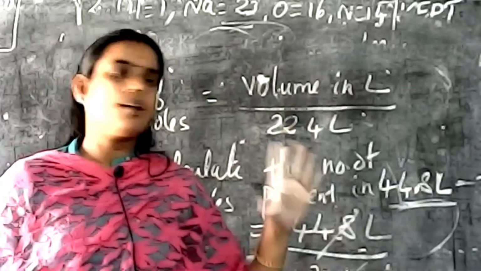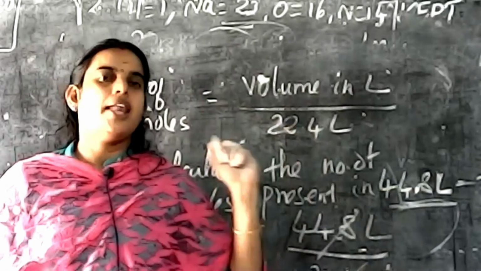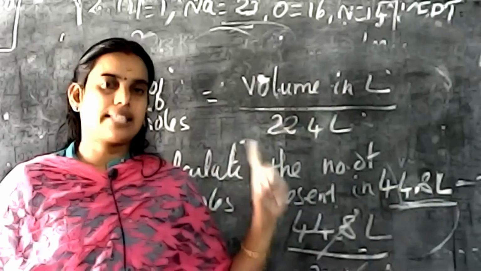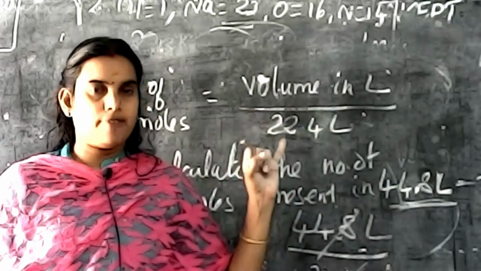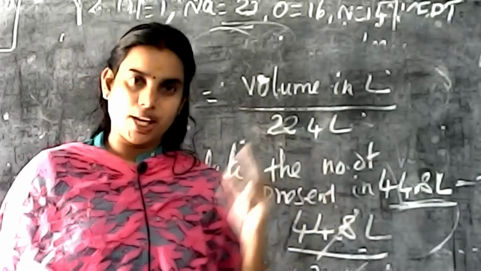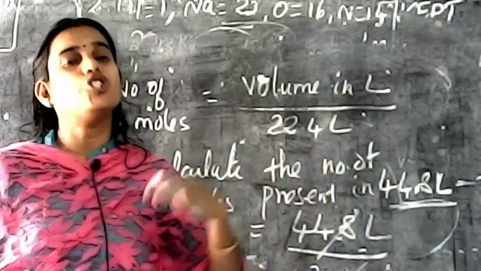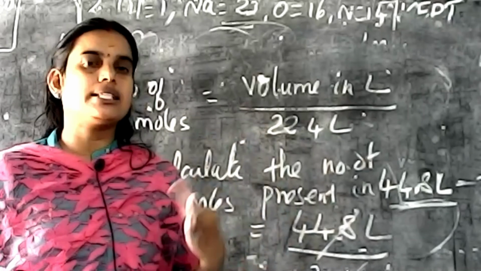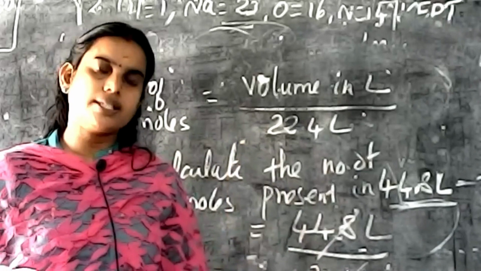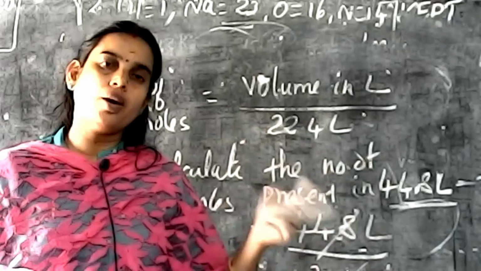What are all the 4 formulas we discussed here? First, number of GAM is calculated by given mass by GAM. Second, number of GMM is calculated by given mass by GMM. Third, number of moles equals given mass by GAM or GMM.